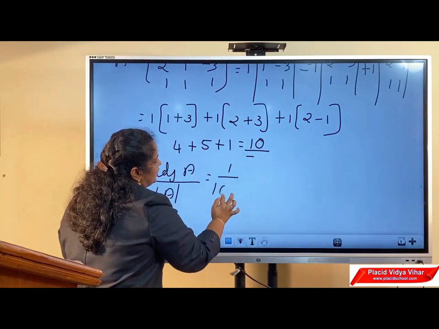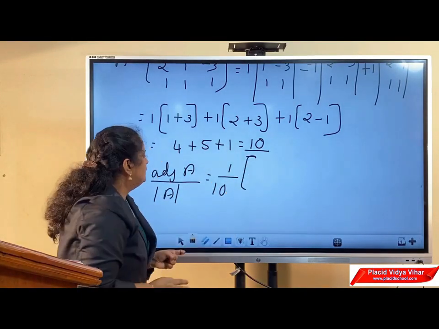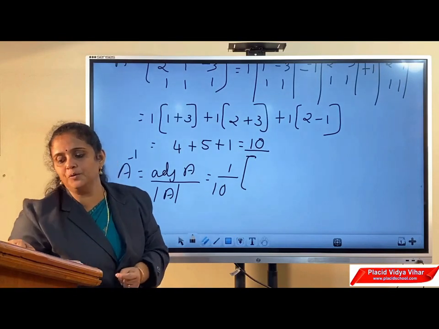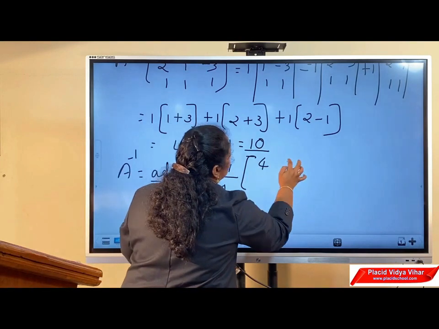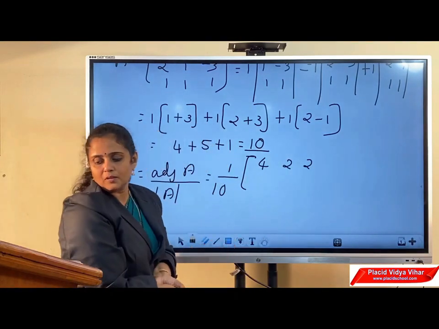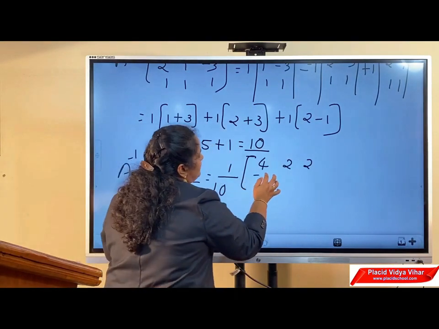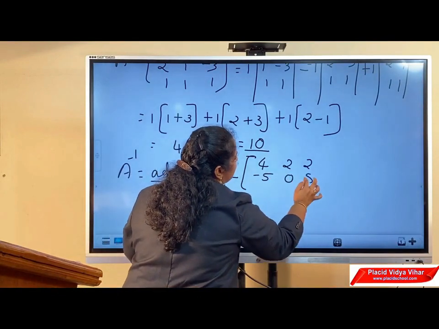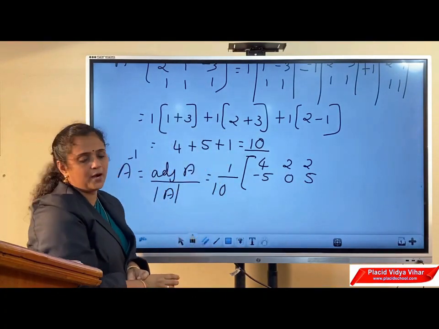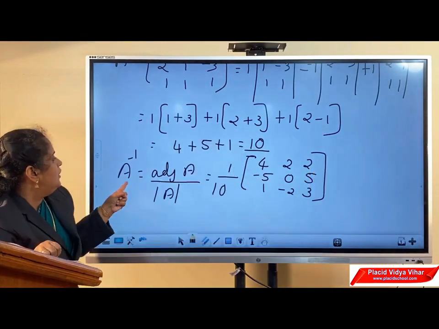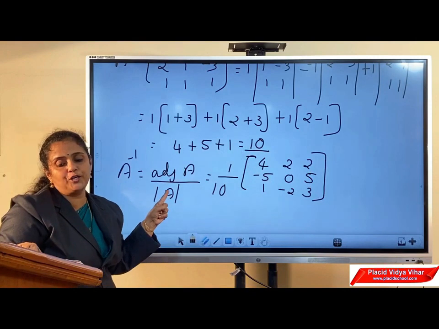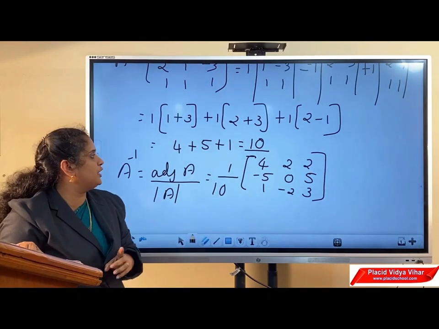So it is 1 by 10 into the adjoint of A, which is 4, 2, 2, minus 5, 0, 5, and the last row 1, minus 2, 3.